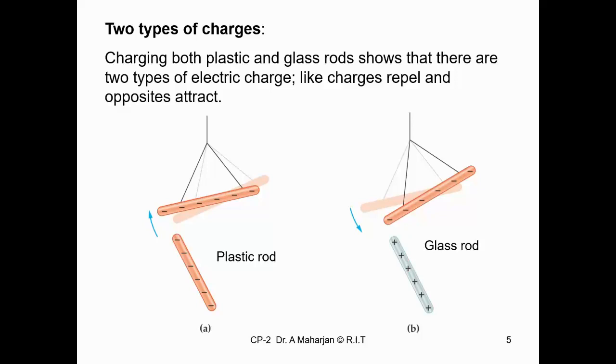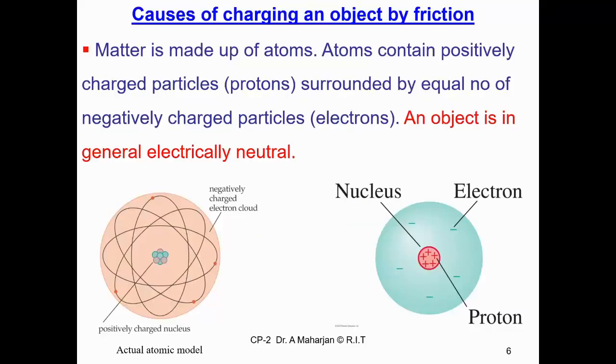Here it attracts, here it repels. That clearly tells you that there are two types of charges developed, static charges on the plastic rod and the glass rod. So the glass rod and plastic rod have some excess static charges, but they must be of opposite sign, because this repels and this attracts. So two types of charges.